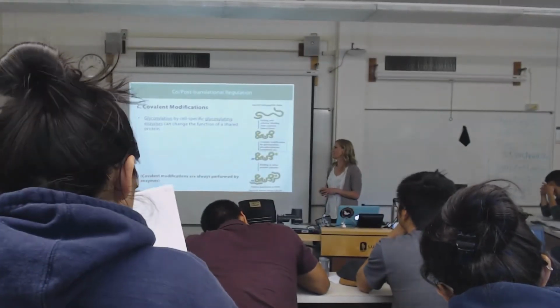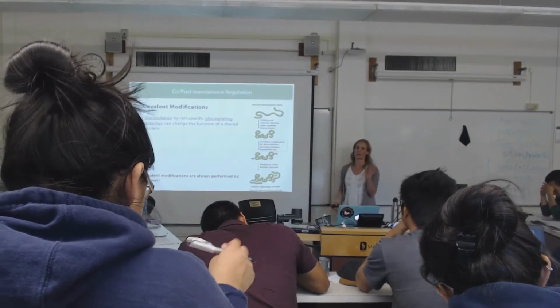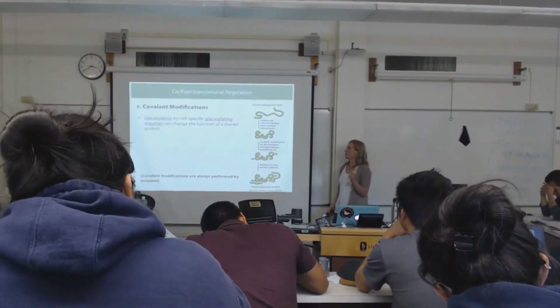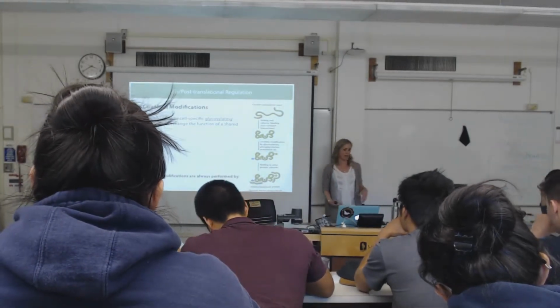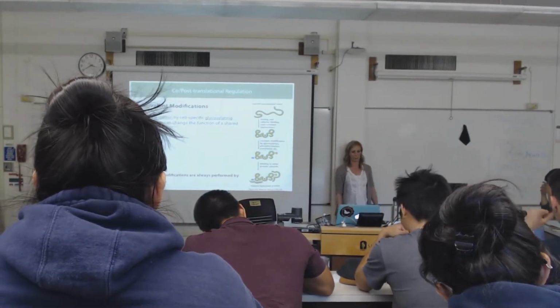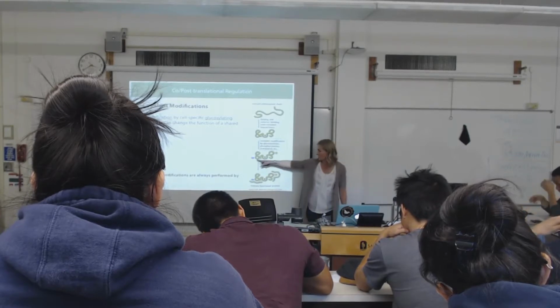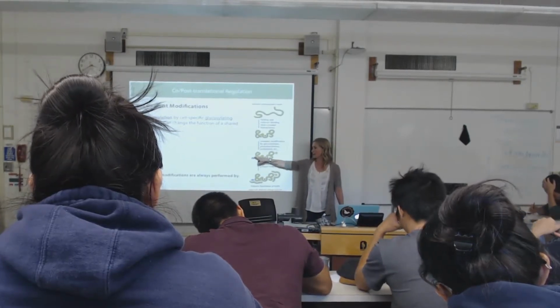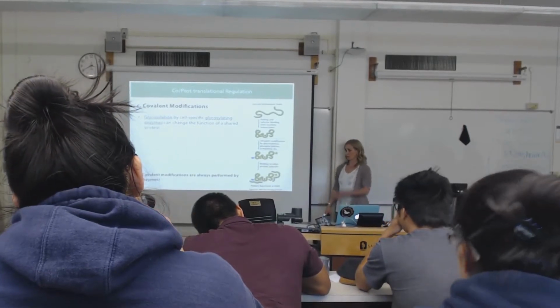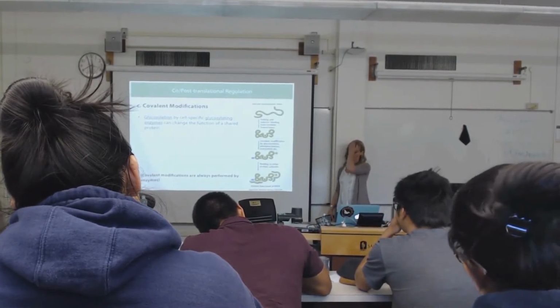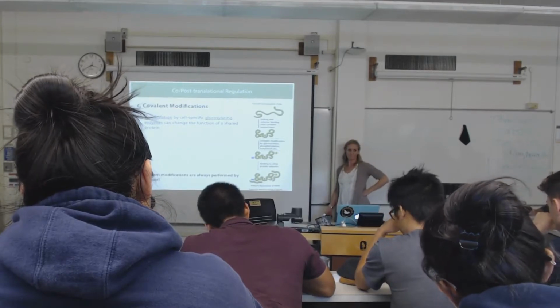And there are a ton of covalent modifications. I'm just going to introduce a few of them. Glycosylation, so there are glycosylating enzymes that add these big old sugar groups to proteins. Anytime you see these hexagons in the images in this class, those are always representative of glycosylation.